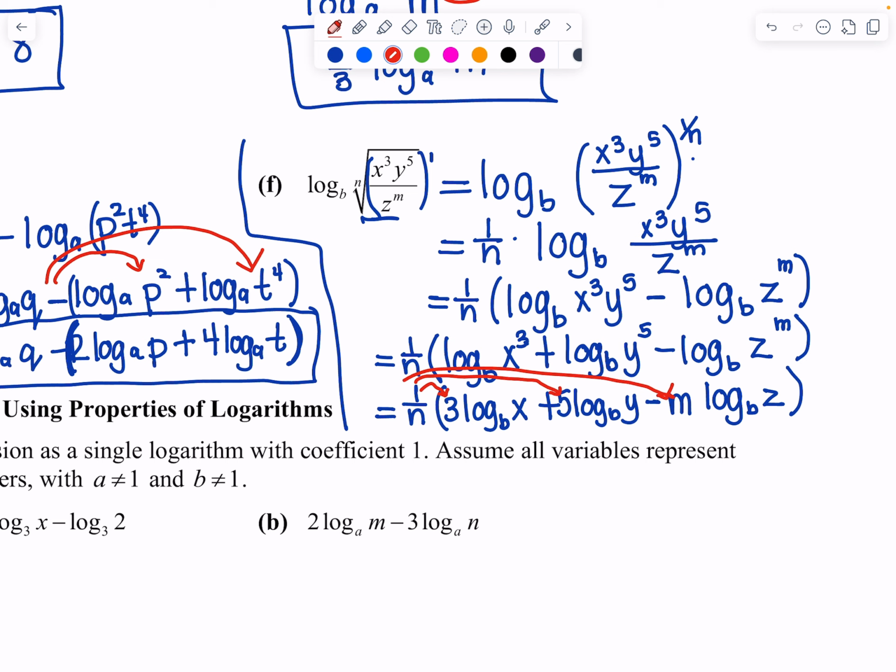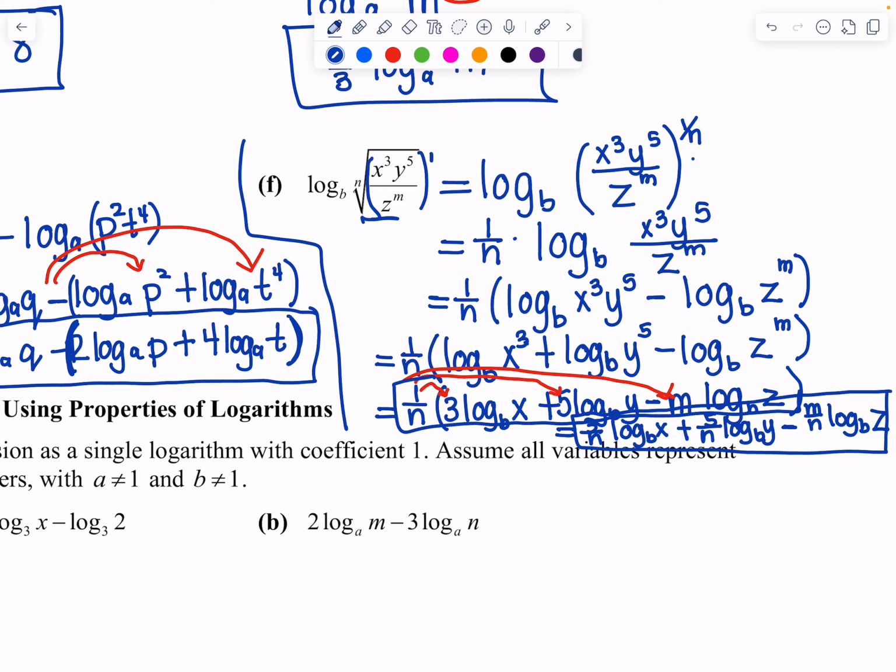So the final answer could be 3 over n log base b of x plus 5 over n log base b of y, and then minus m over n log base b of z. This is what you get after you distribute, but it works also if you didn't distribute and you keep the parentheses. Hope you all are okay with that.